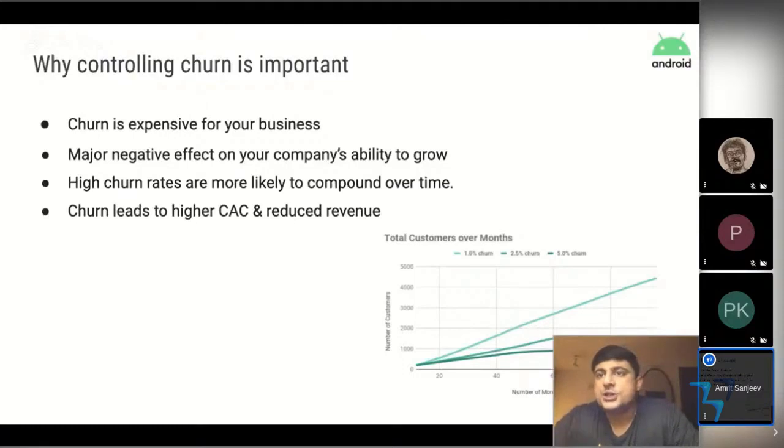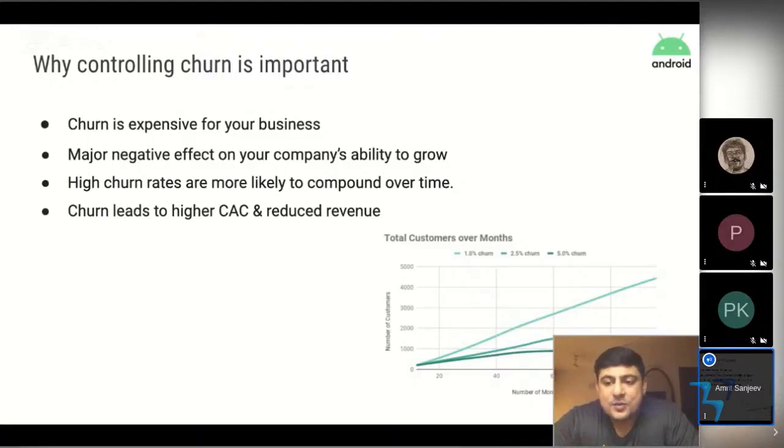Getting a user who churned to come back is very expensive. The cost of acquisition is very high, so even if you're making a lot of money, because the acquisition costs are high, you're going to have a reduced revenue model. The graph shows that the first, nearly linear growth is about 1% churn. But the other two are more interesting.